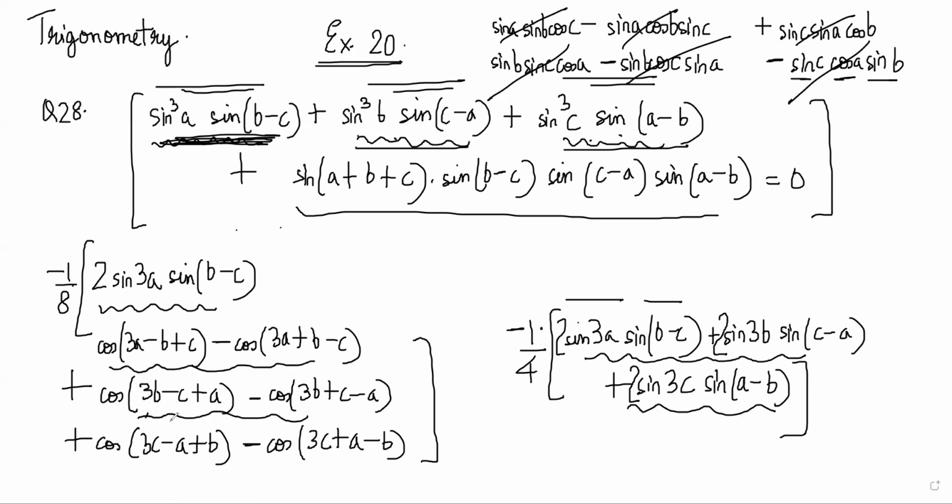After this step, now you have to think about how to simplify this part, right? Yes, sir. So what we will do is, actually it will be better if we group some of the terms here.